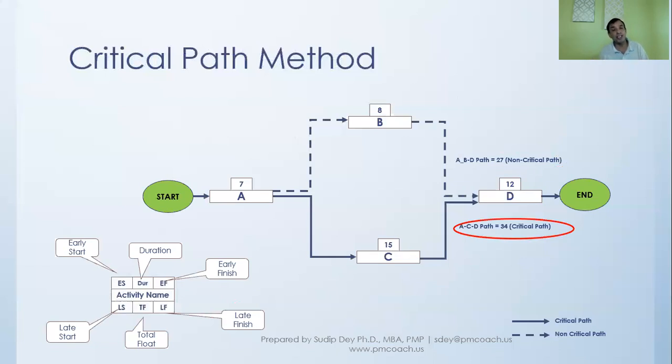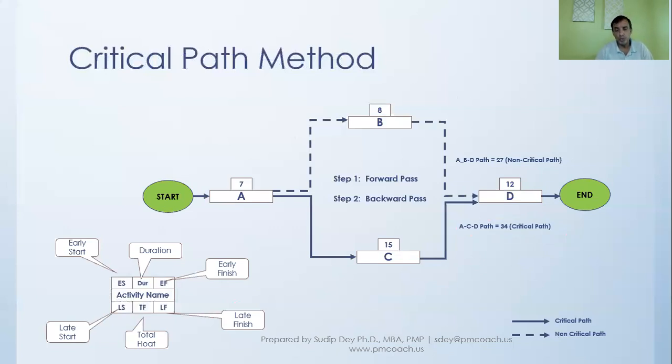A takes 7 days, C takes 15 days, D takes 12 days. So this is how we determine the critical path, and this is really the difference between critical and non-critical path. Now let's go about developing the schedule.